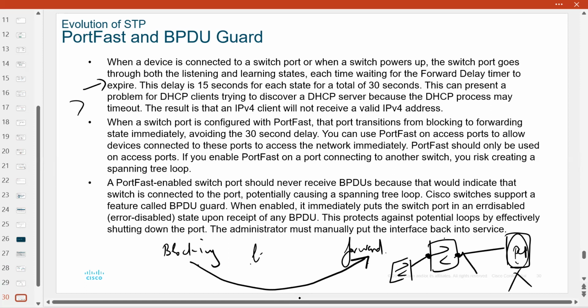The BPDU guard enhances security by shutting down a PortFast enabled port if it receives a BPDU. We'll look at this further, but here we are discussing security.